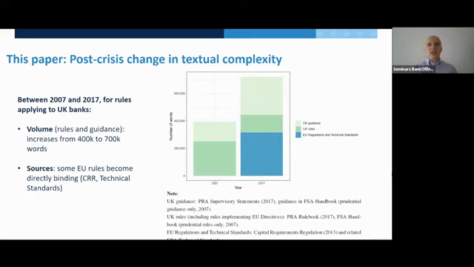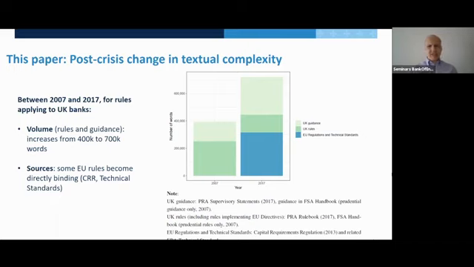As you can see on this plot, in 2007, before the great financial crisis, regulations were around 400,000 words long. But after the crisis, 10 years later, in 2017, the regulations became much longer. We went to over 600, almost 700,000 words.